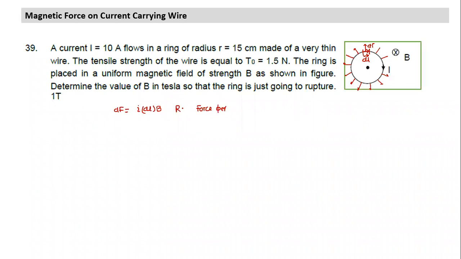I divide by the length dl, so the radial force per unit length is I into B. Some of you ask about the force being I L B sine theta. Since B is perpendicular everywhere, sine theta is 1, so the force per unit length is IB. I'll not prove it again, but whenever a force acts like this, the tension in a ring is equal to the force per unit length into the radius.